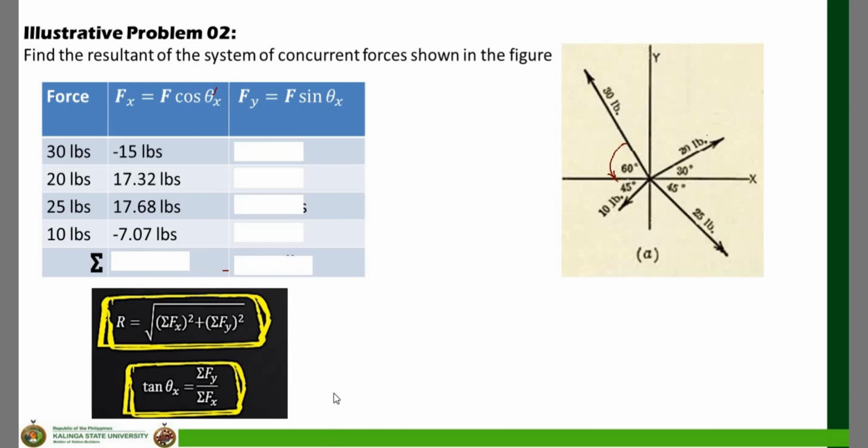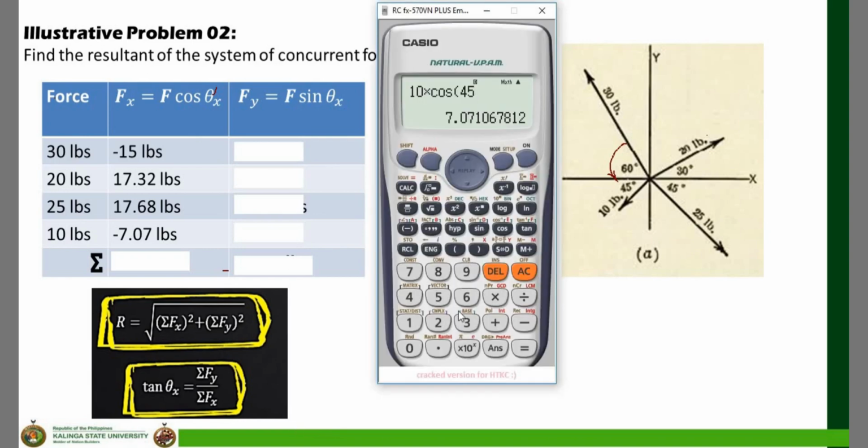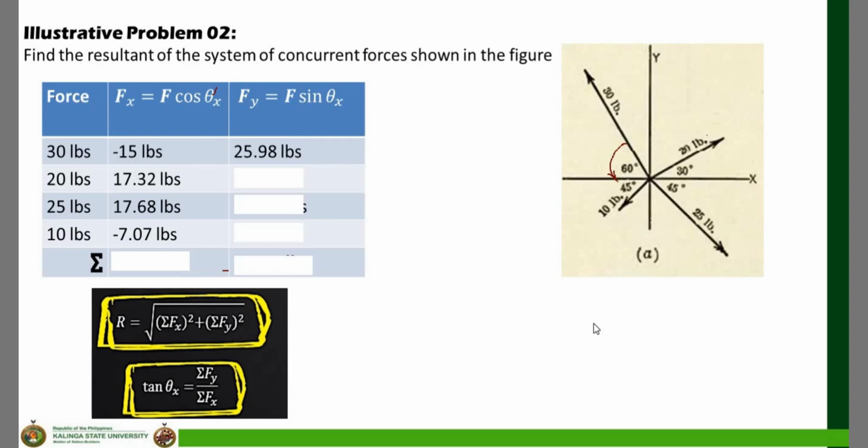I'll start with 30 pounds. For the 30 pounds, 30 multiplied by sine of 60 is equal to 25.98, and the 30 pounds is pointing upwards, so that is positive.